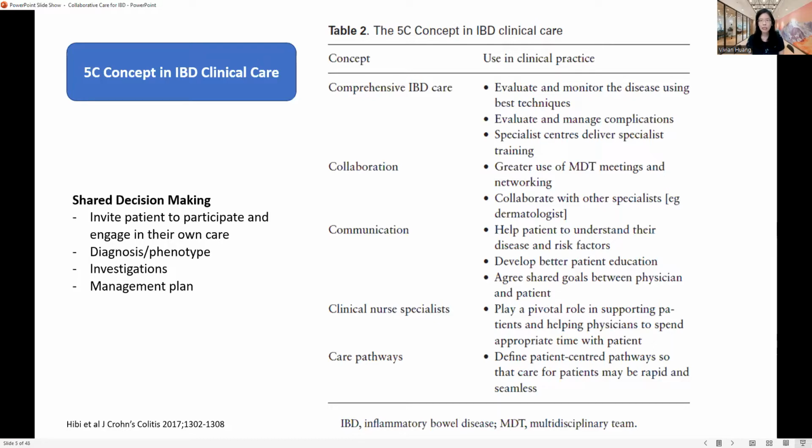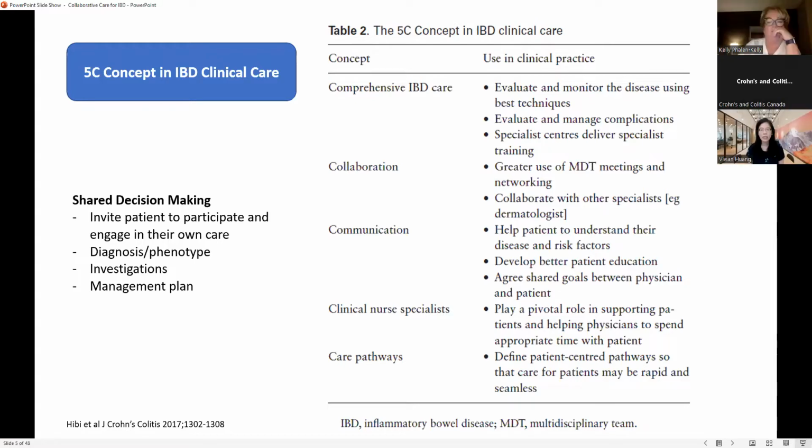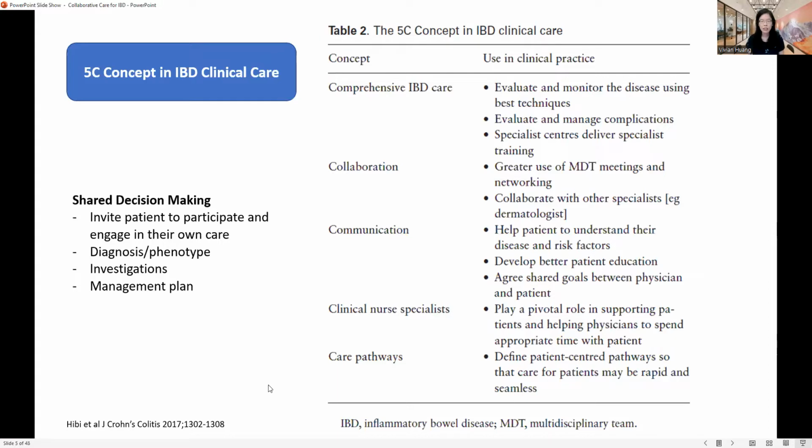And then collaboration: greater use of multidisciplinary team meetings and networking, and collaboration with other specialists such as rheumatologists or dermatologists. And then communication: developing better ways to communicate to our patients to help them understand their disease, the risk factors and their phenotypes, and developing better educational tools and shared goals between the physician, I would say clinician or healthcare team, and the patient.